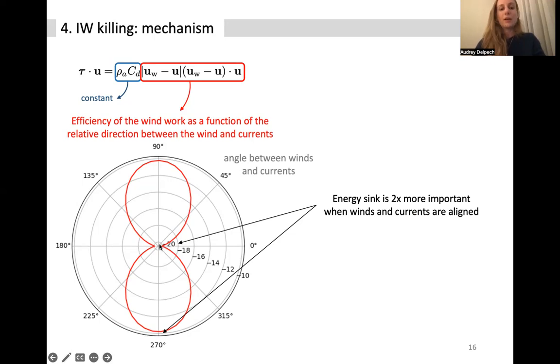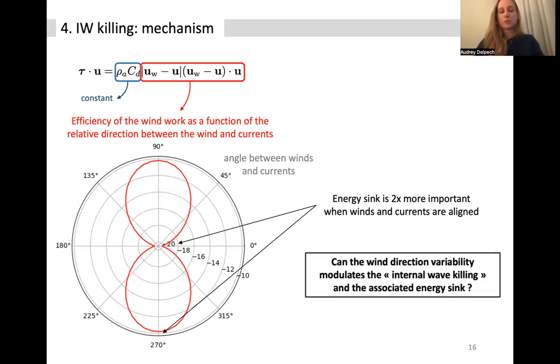We can see that we have a much larger negative wind work coefficient when the winds and the currents are aligned, so for 0 and 180 degrees, and smaller wind work when the winds and the currents are perpendicular. And so the energy sink is twice as important when the winds and the currents are aligned.